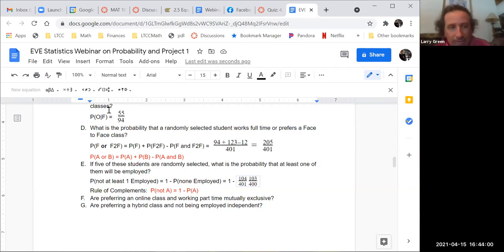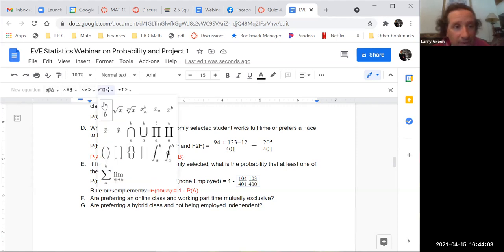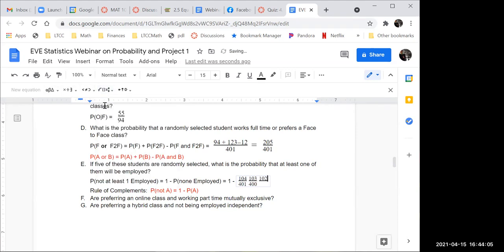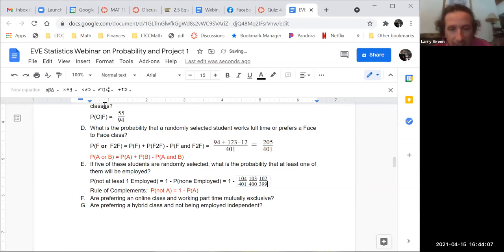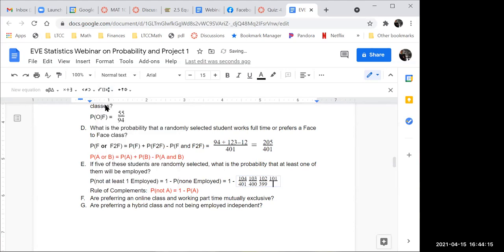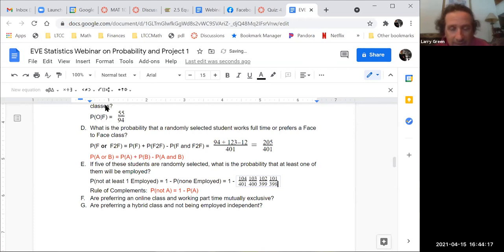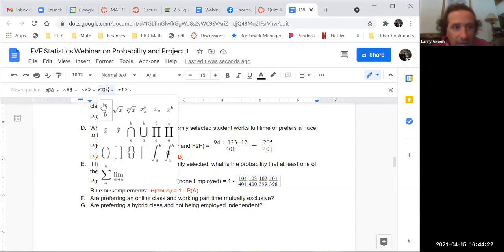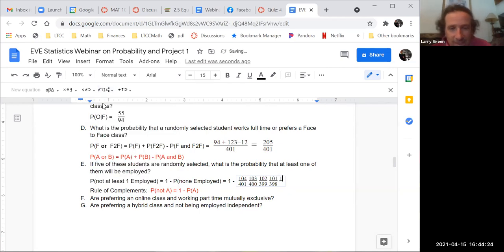How about the third one? 102 over 399. Yep. How about the fourth one? 101 over 398. And then finally, we had 5 of them. So the fifth one, hopefully you get the idea now. 100 over 397. Any questions at all on coming up with this?